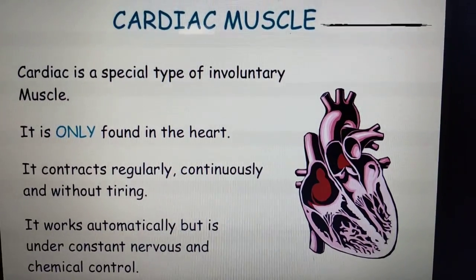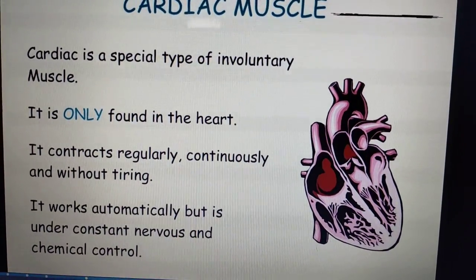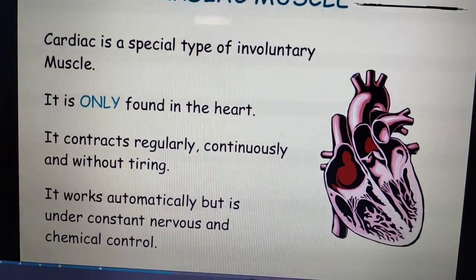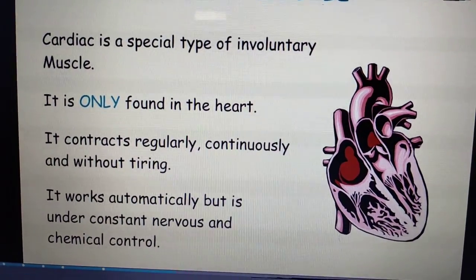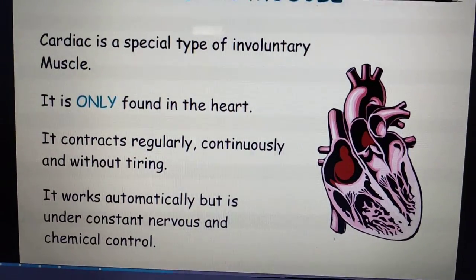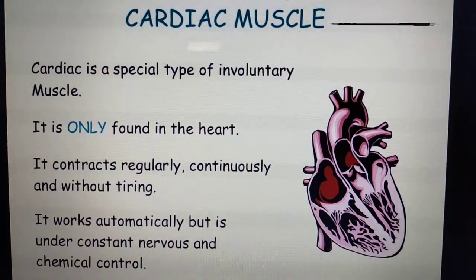Okay, then we'll see the cardiac muscles. Cardiac is a special type of involuntary muscle, found only in the heart, and it contracts regularly, continuously, and without tiring, isn't it? If the heart becomes tired and stops working, it stops permanently, isn't it?